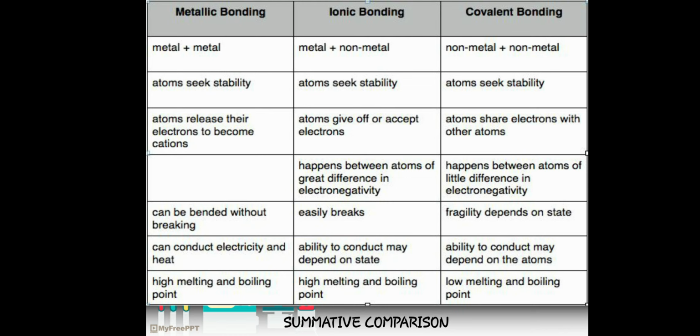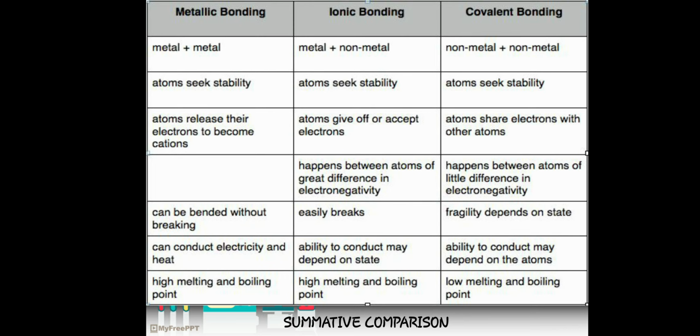Metallic bond will occur in an element if the element is a metal. Comparing it to ionic bond, we have metal plus non-metal. Compared to covalent, we have non-metal plus non-metal. Always remember that in ionic bond, we can give and gain, or accept, an electron in a different element. If the element is a metal, it's okay. If the element is a non-metal, it's okay. But metallic bond can be used in metal plus metal, or if an element is included in a metal.